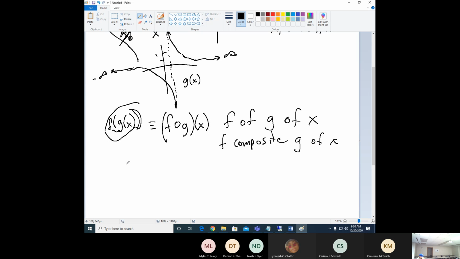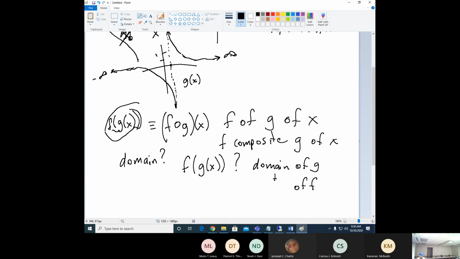Now, what is the domain of f of g of x? Well, it's the combination of the domain of g and the domain of f.